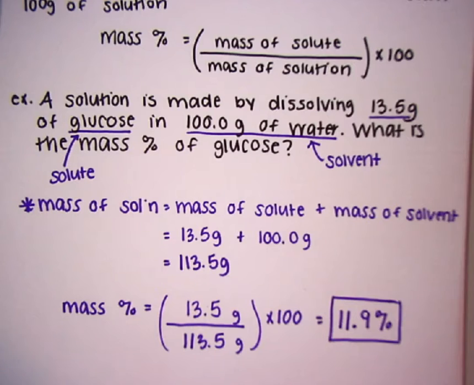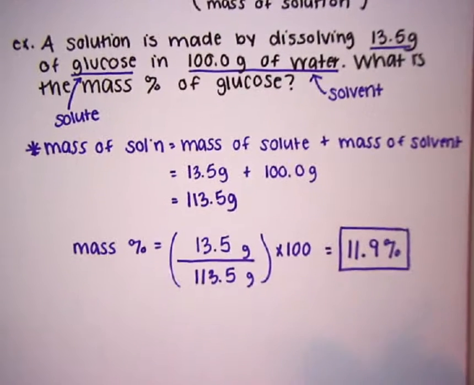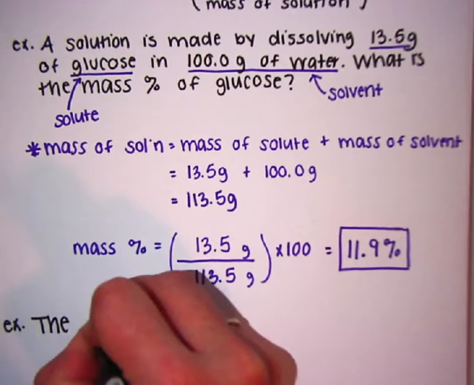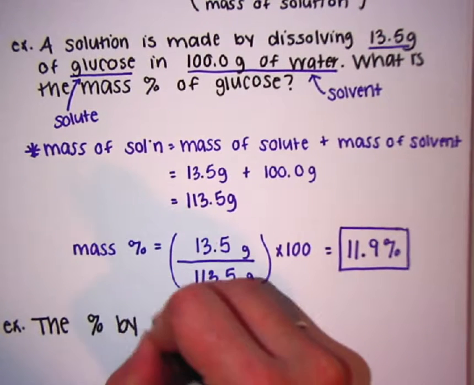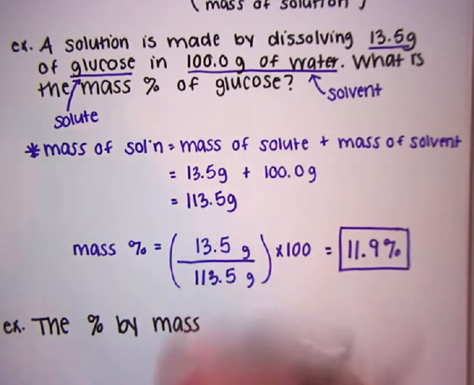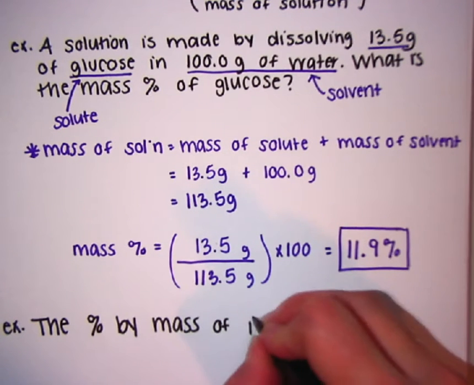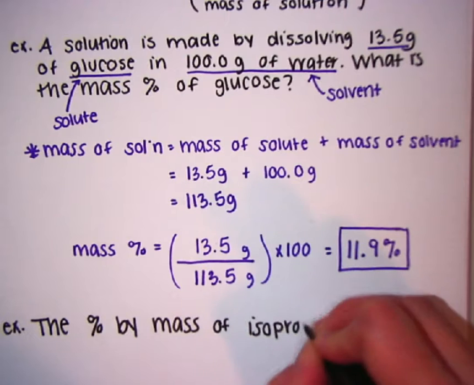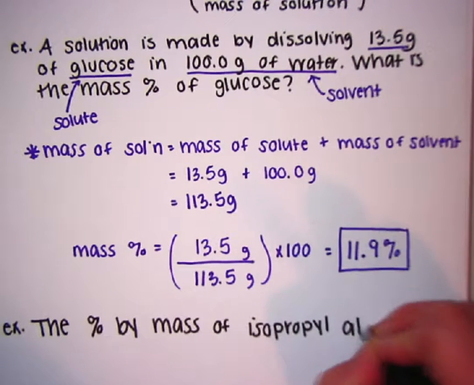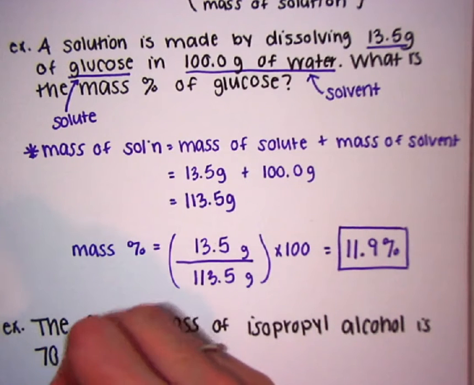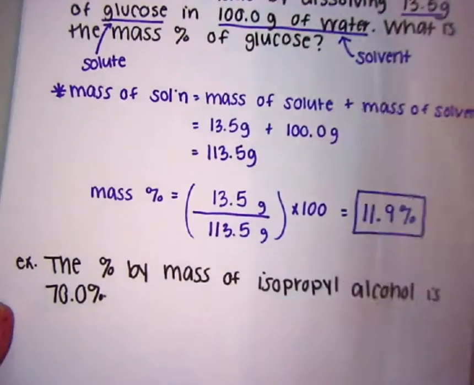Let's try another one. The percent by mass of isopropyl alcohol is 70.0%.